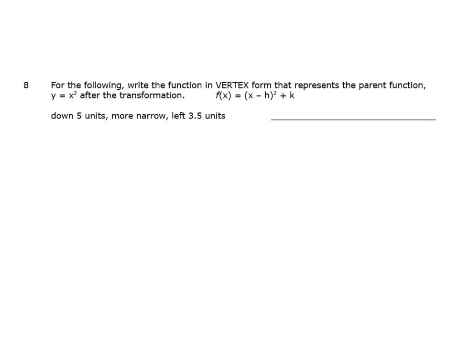So on question number 8, we're going to write an equation in vertex form that's following these transformations. I'm going to start off with f of x. Remember, whatever goes outside is determining if it's been reflected or if it becomes more narrow or wider. And here we see it's more narrow.